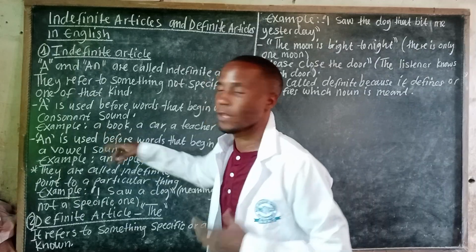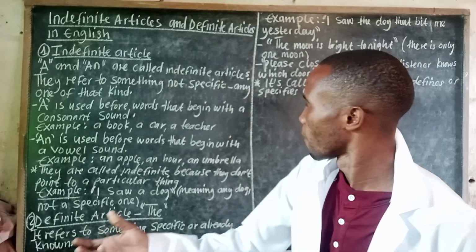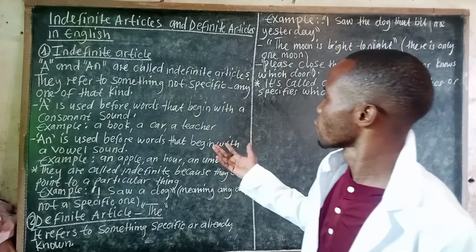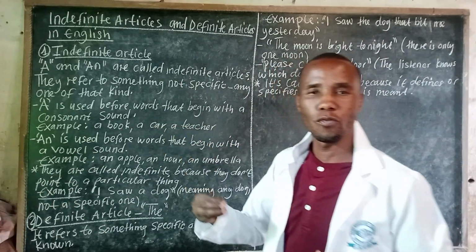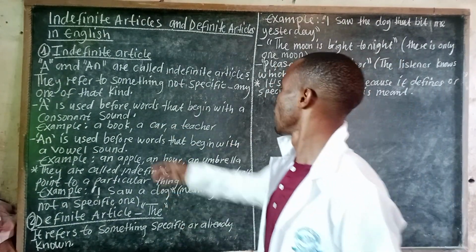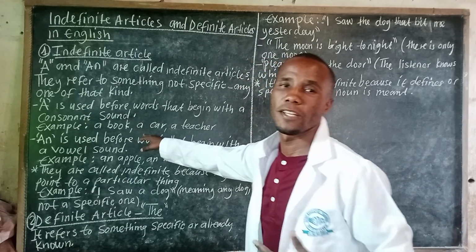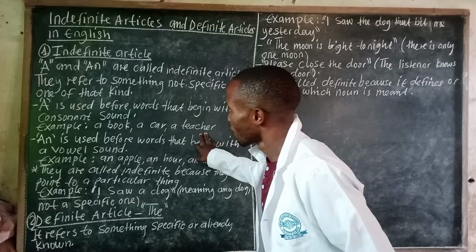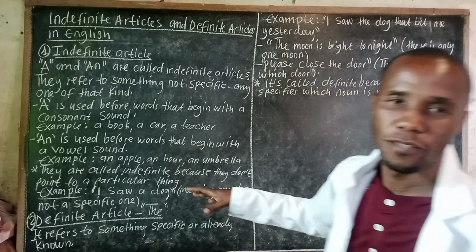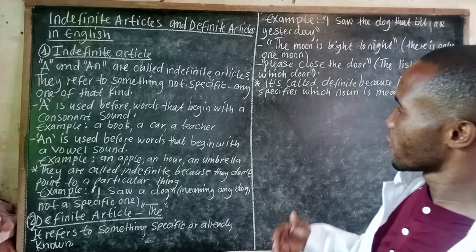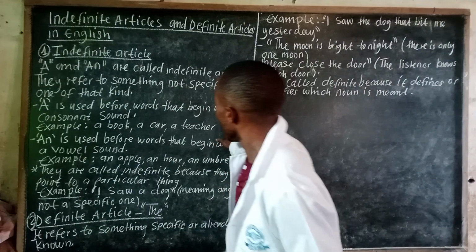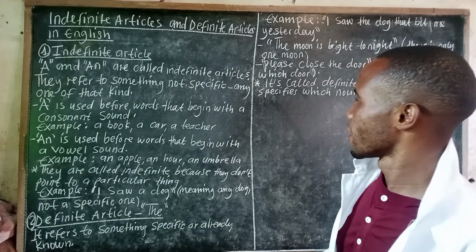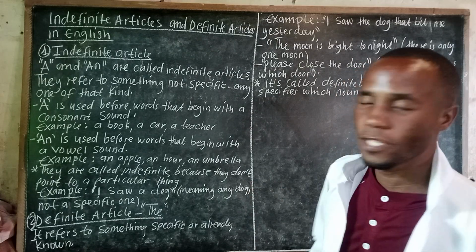So you can say a book. Then car also is a word that begins with a consonant. Therefore, we start with the indefinite article a. So a car, a teacher. That is just an example of words that begin with a consonant, where we use the indefinite article a.